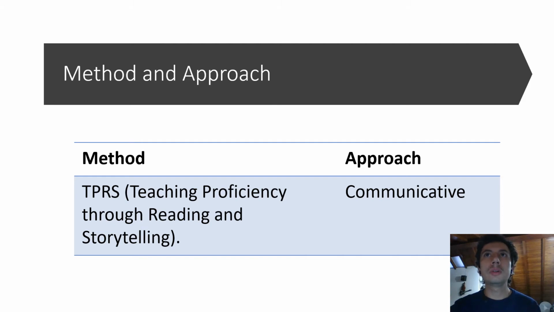We don't have to have a major focus on grammatical aspects of English. The approach is going to be communicative because we want to emphasize the importance of communicating in English, and through the actions and the faculty that transmission of language is going to happen.